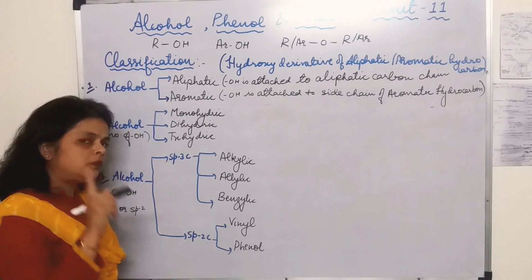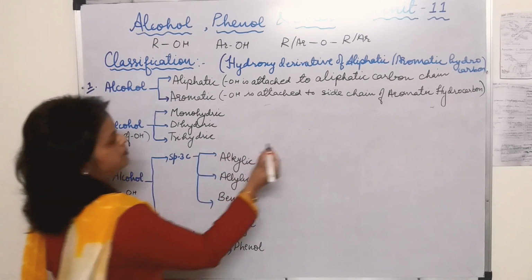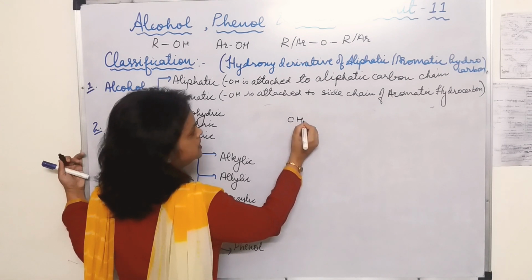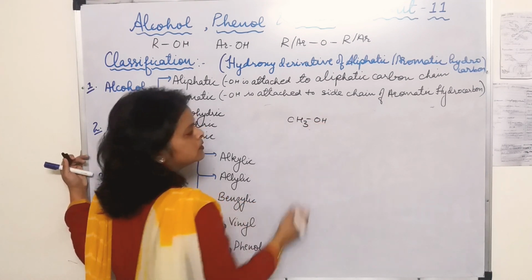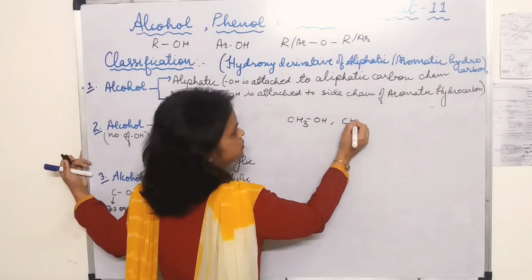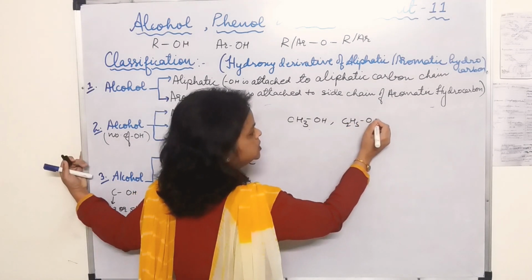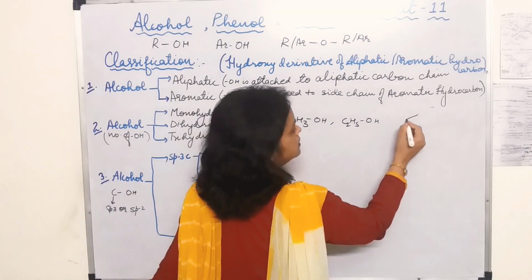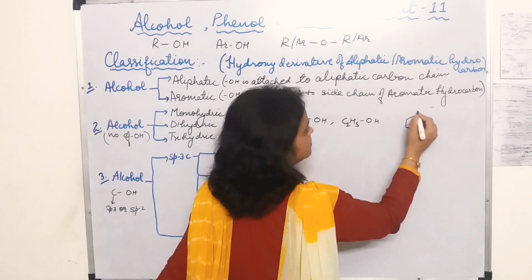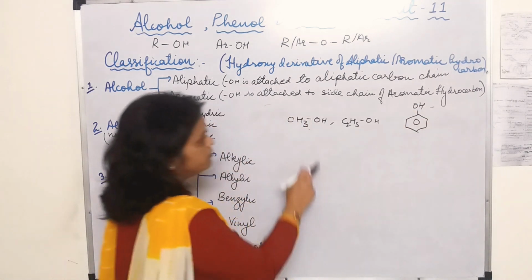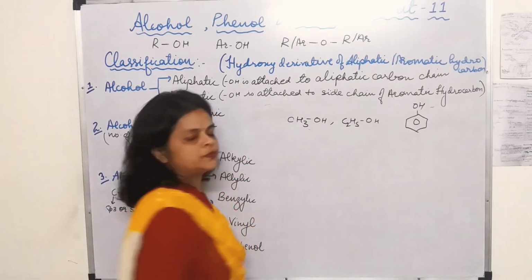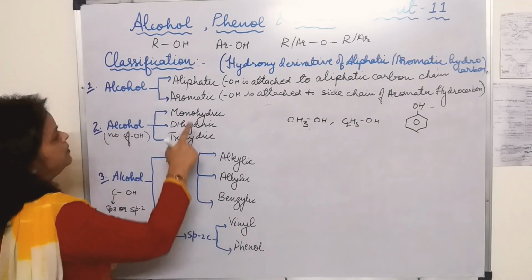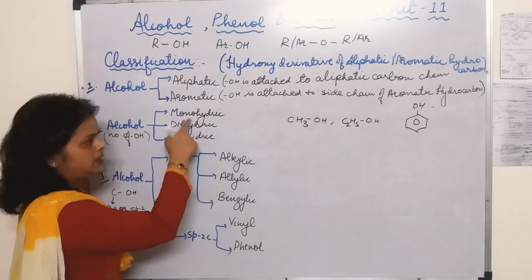Monohydric, as the name indicates, has one OH group. For example CH3OH, for example C2H5OH. Here the number of OH groups is 1, so they come under the category of monohydric alcohol.